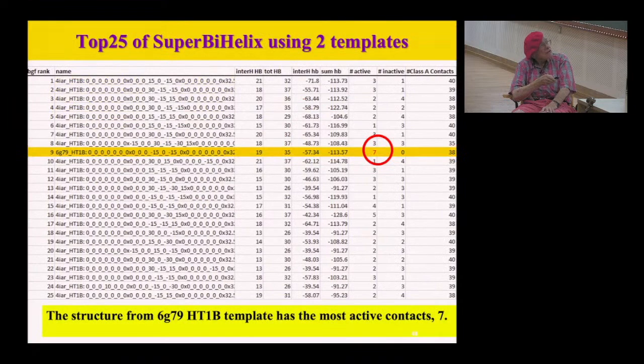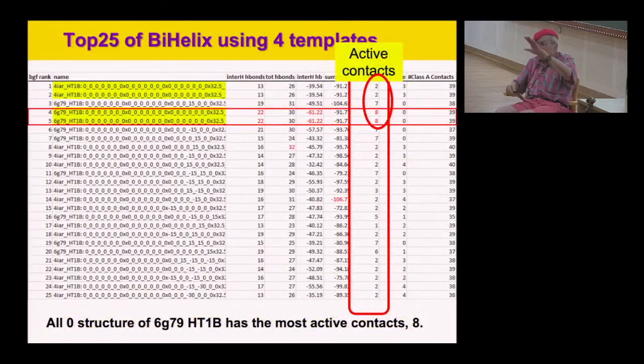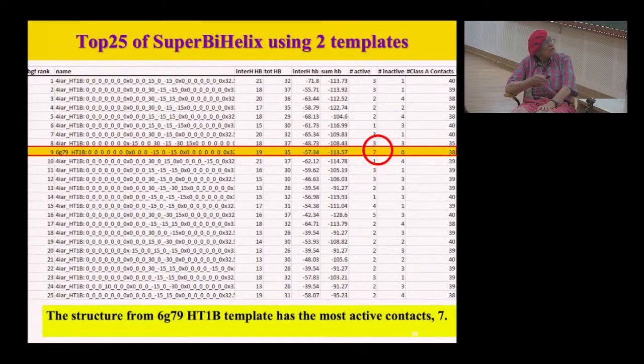That was from bihelix. So the bihelix, remember, we go through 35 million structures. We boil it down to the best 1,000. We did this for 4 cases. We had 4,000 structures. We take the best 25 of all those 4,000 structures, and that's what these are. So then we did super bihelix. So here we took 2 templates.